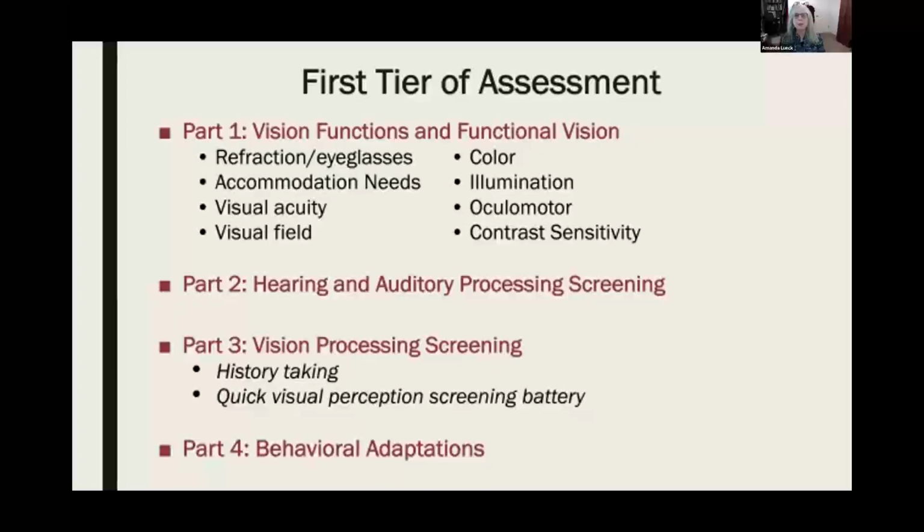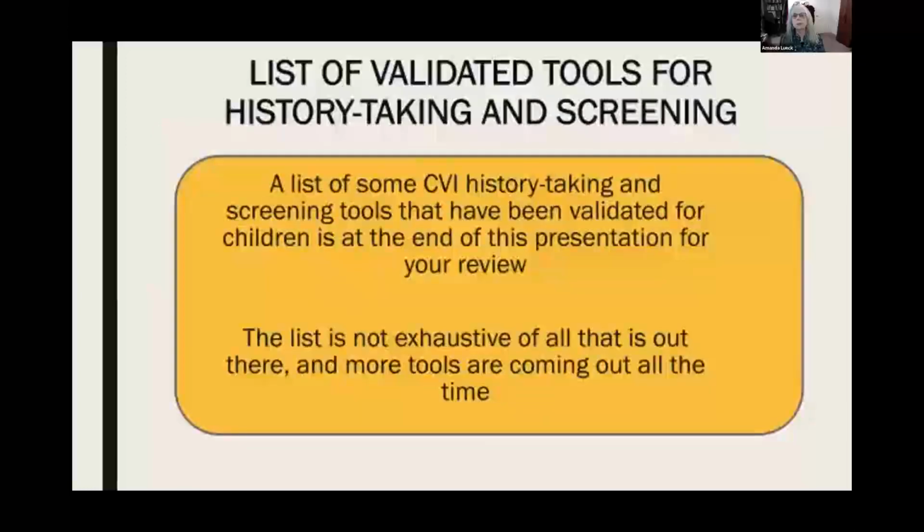So I want to focus on history taking and screening. A list of some CVI history taking and screening tools that have been validated for children is at the end of this presentation, and you can review those, and there are a lot of references for you.